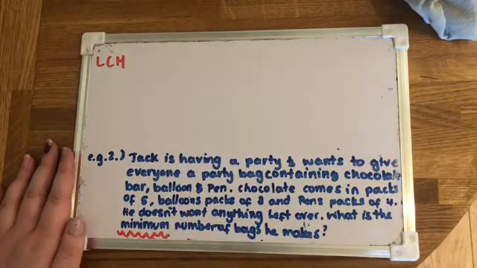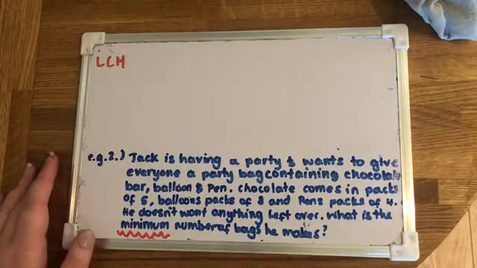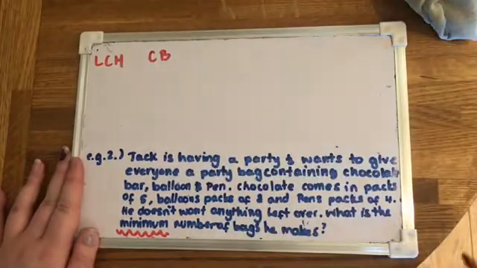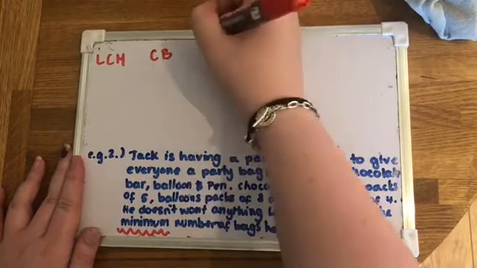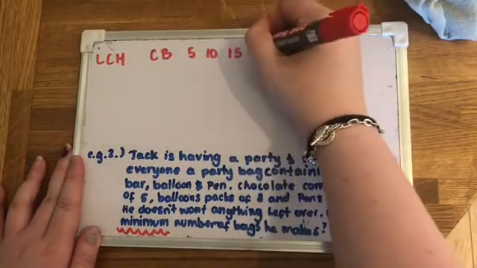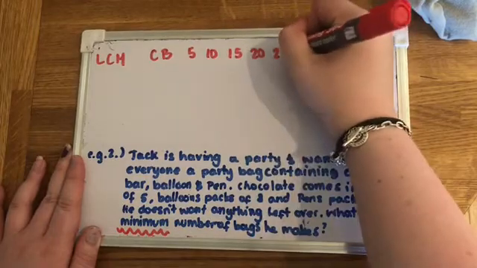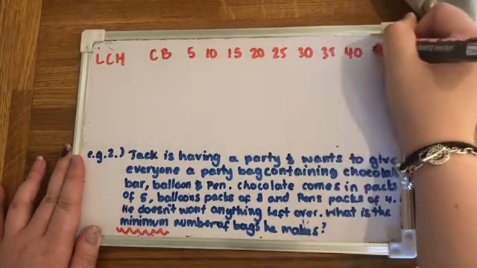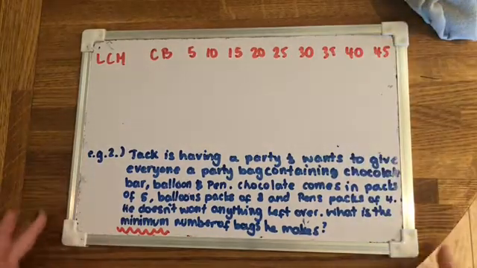Okay, so the first thing I want to do is write down the times tables for all of them. So we're going to start with the chocolate bars. Chocolate bars come in packs of 5. So 5, 10, 15, 20, 25, 30, 35, 40, 45. That's all I can fit in.